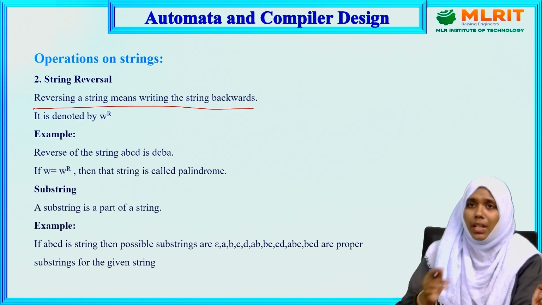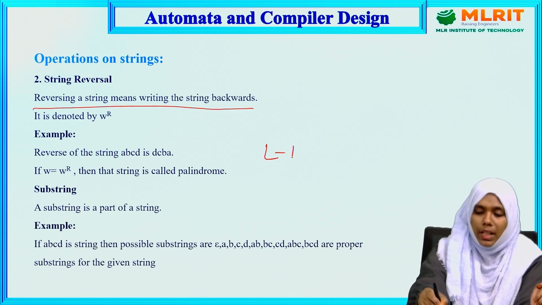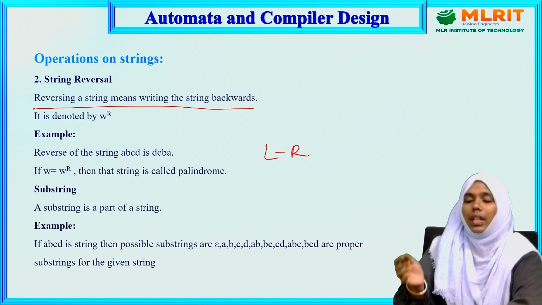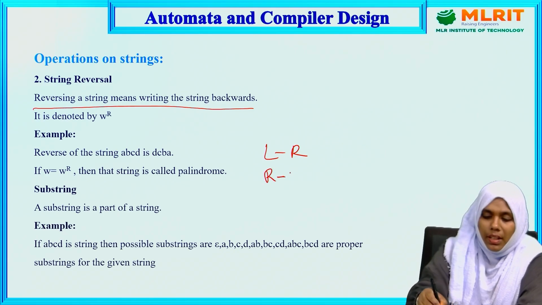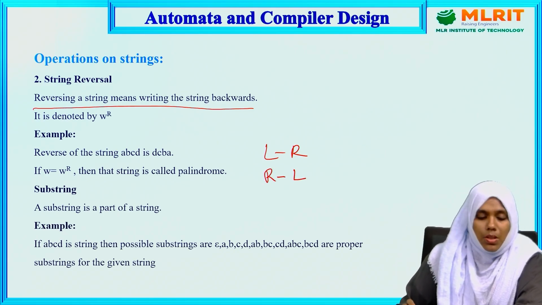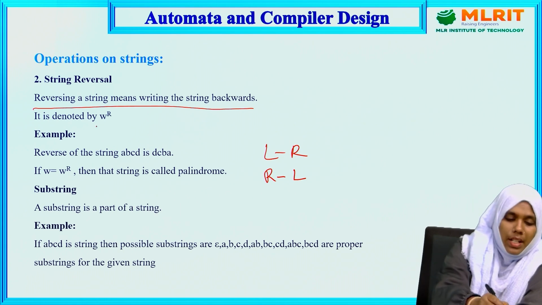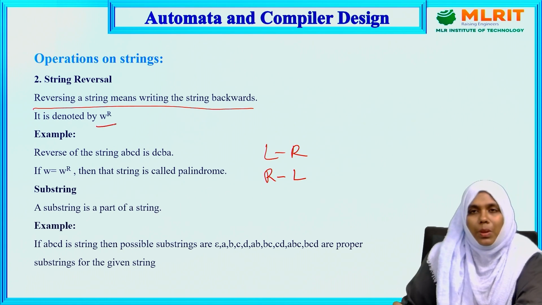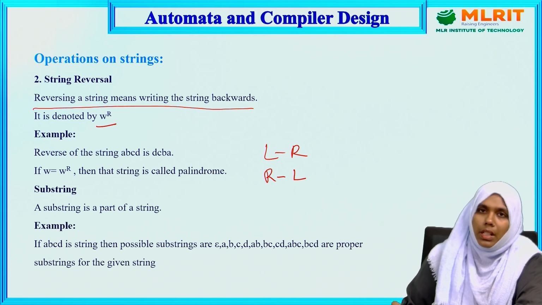That means if the string is given left to right, the reverse of the string is right to left. How is it denoted? It is denoted by W power R. W power R is nothing but the reverse of the string.